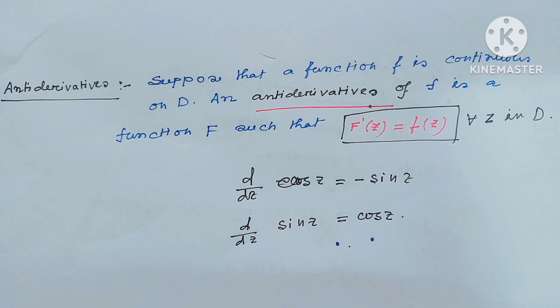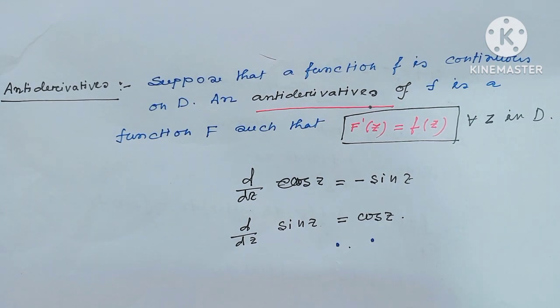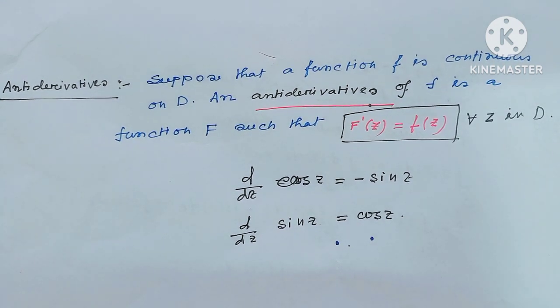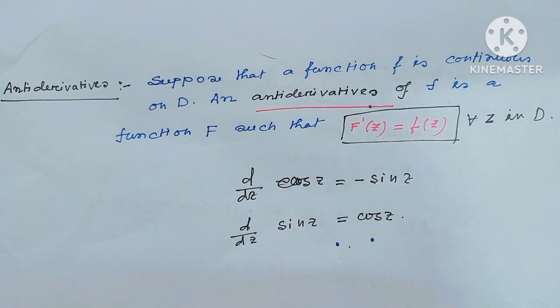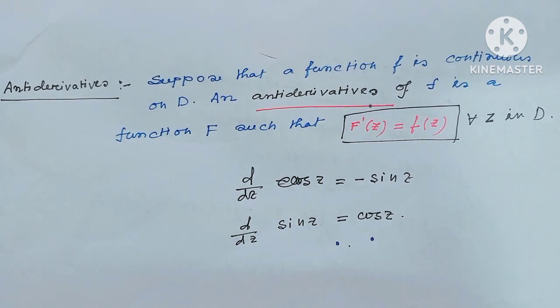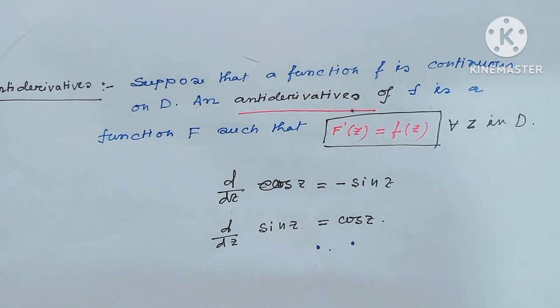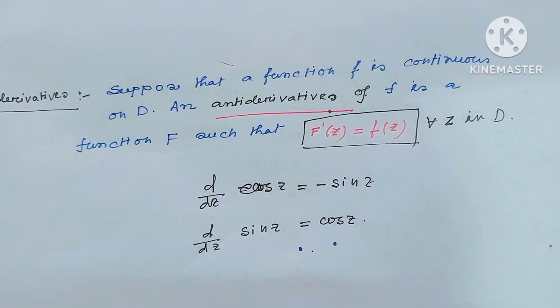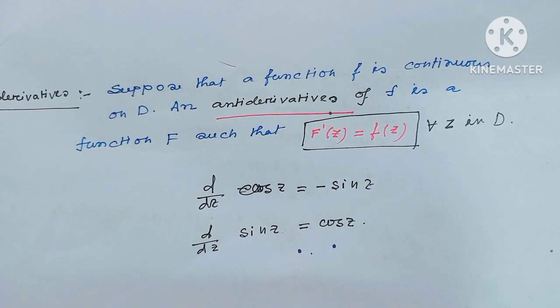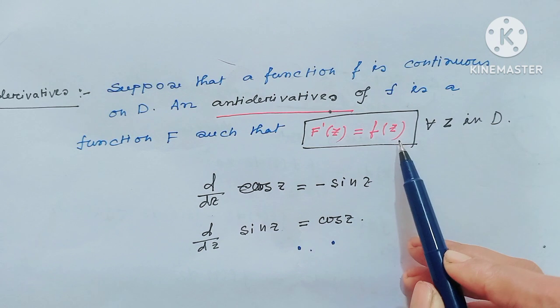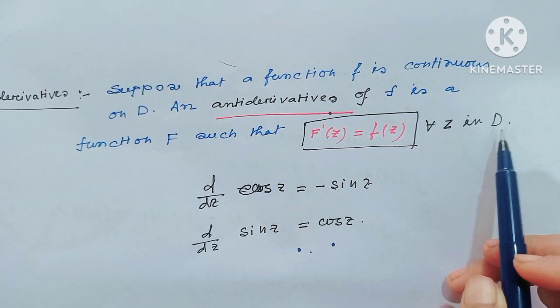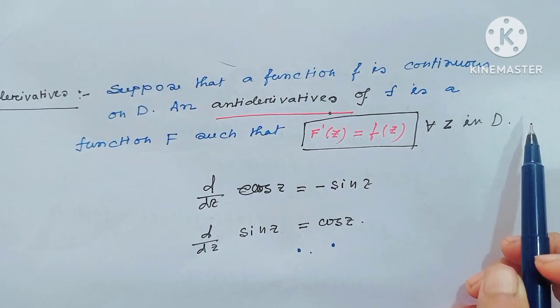Suppose a function f is continuous on a domain D. An antiderivative of f is a function capital F such that F prime of z equals f of z, where f of z is the original function, and this is true for all z in the domain D.